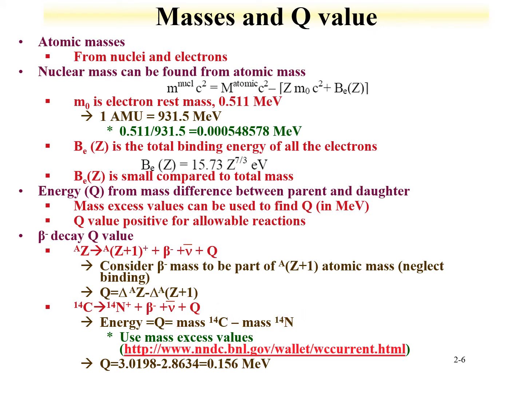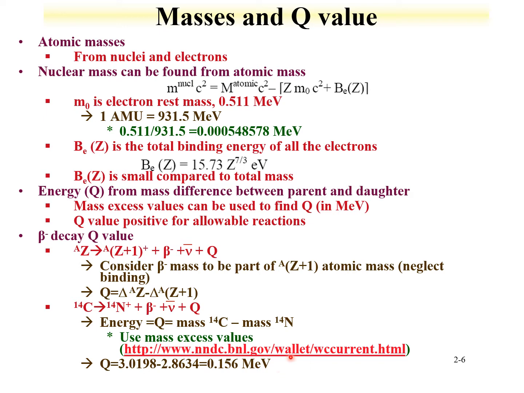We can look up mass excess values from this site, plug in those values, and we get 3.0198 minus 2.8634, which is equal to 0.156 MeV. These values are in MeV.